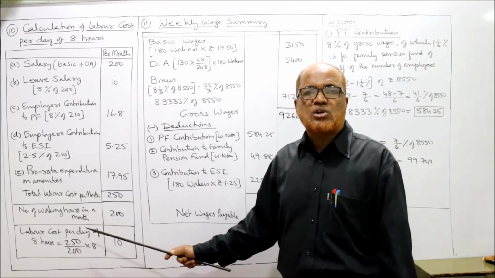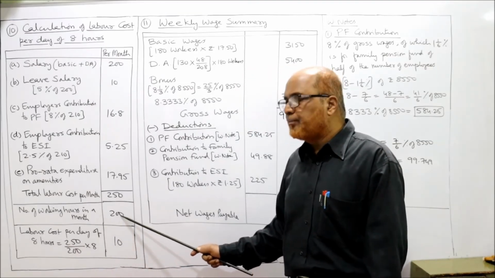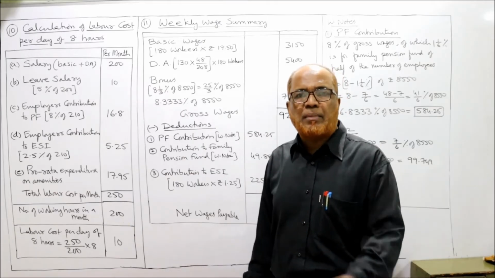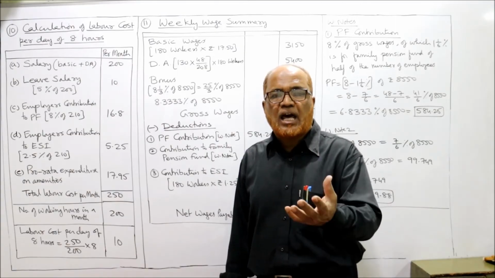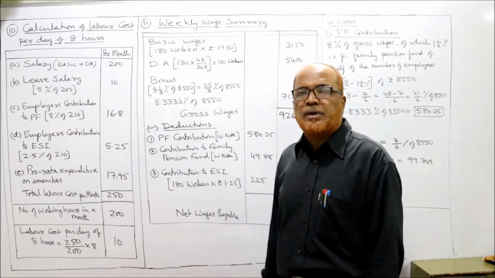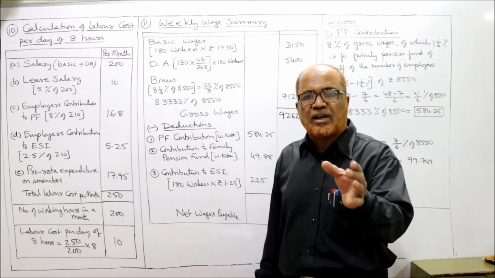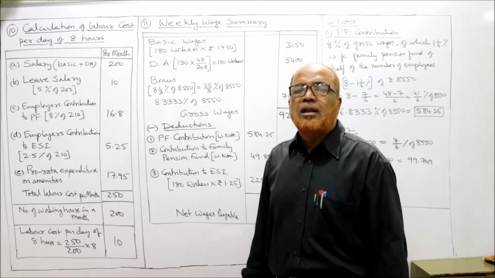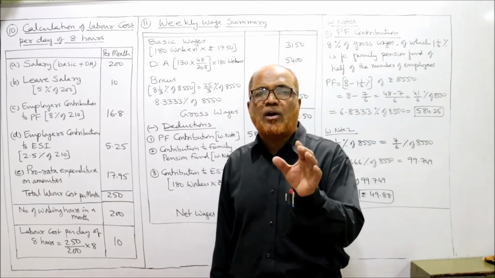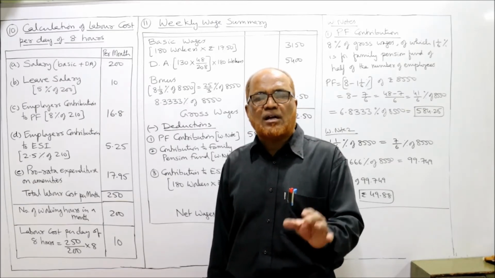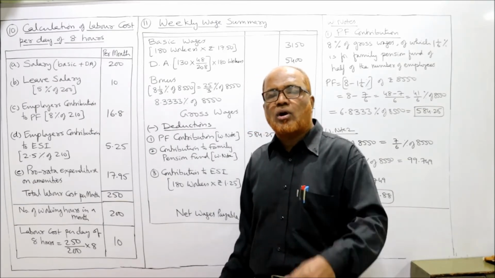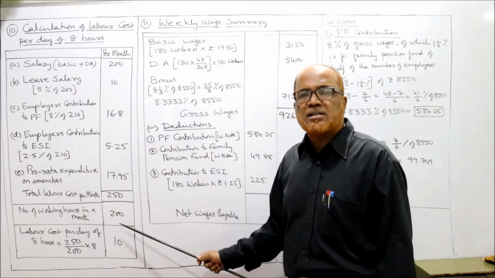And month consists of how many working hours given in the problem? 200. In the last line it is given, month consists of 200 working hours. That means the employer is incurring a labor cost of 250 rupees for 200 hours. Now we need the labor cost per day of 8 hours. How much is the labor cost per month? 250. How many hours? 200.